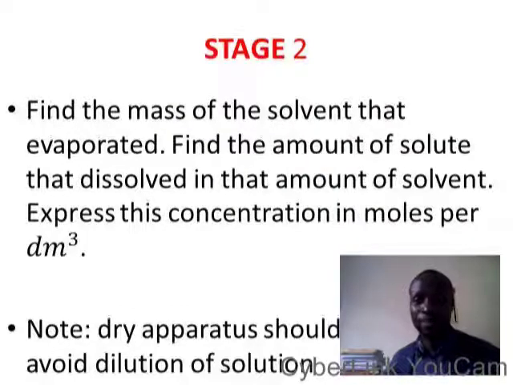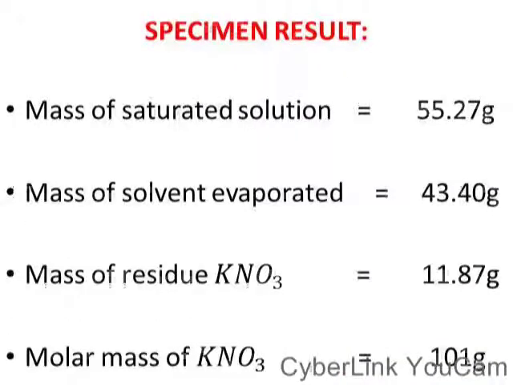Now find the mass of the solvent that has evaporated. Find the mass of the solute that dissolved in that amount of solvent. Express the concentration in moles per dm cube. Take note of this: dry apparatus should be used to avoid dilution of the solution.